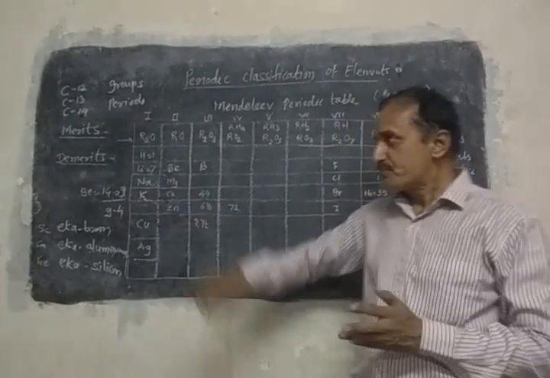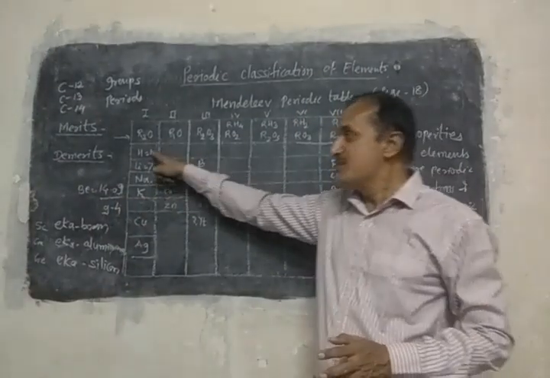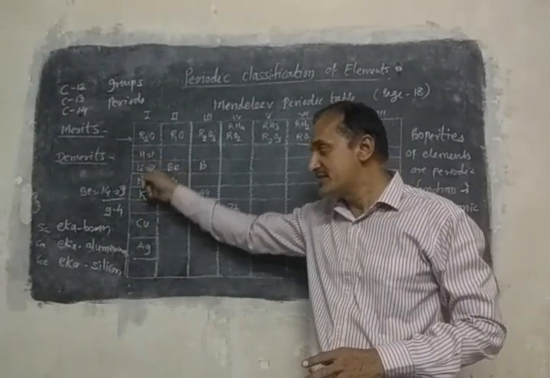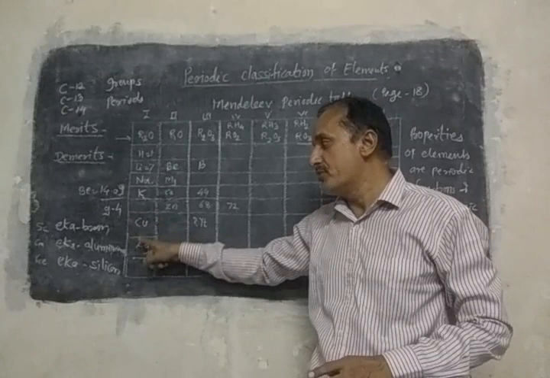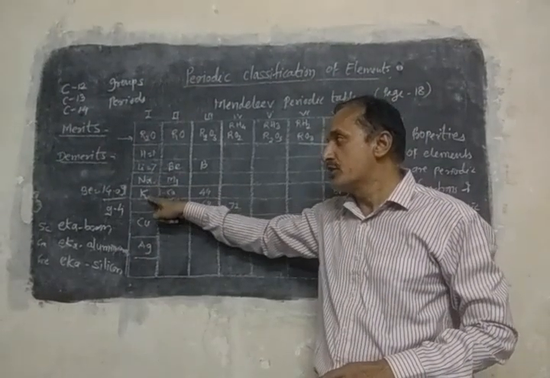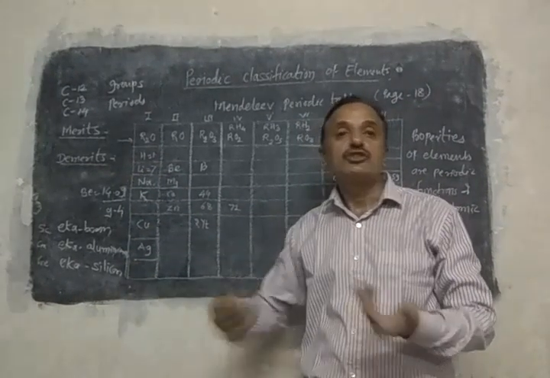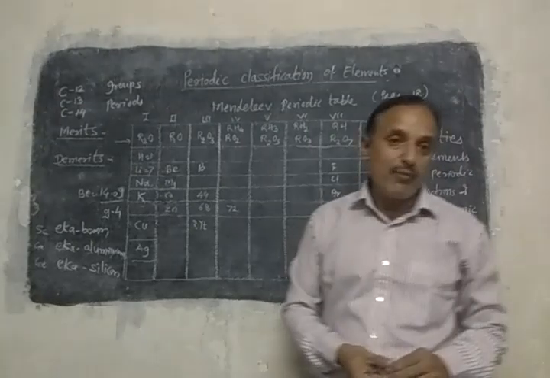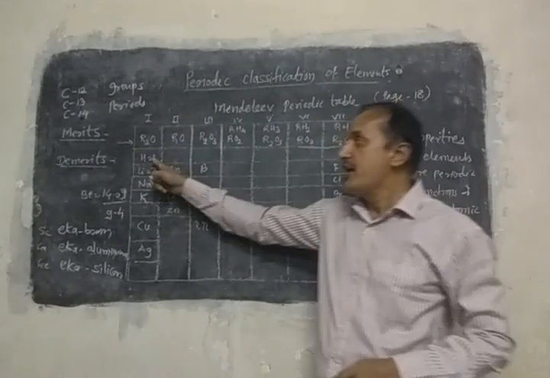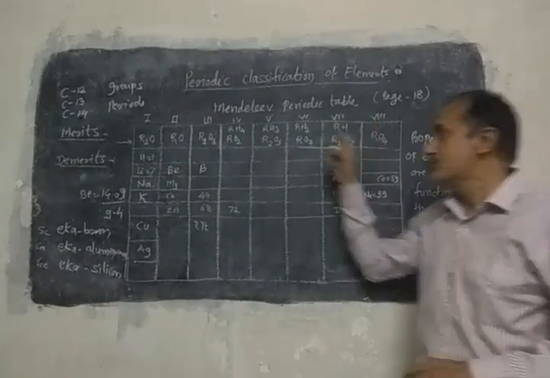See again, first the demerits we have seen: elements with different properties are kept in the same group. I told you about copper, silver, gold, they are less reactive, while lithium, sodium, potassium are more reactive. But these are kept in the same group. So that was the first drawback or anomaly in that table. Secondly, we said that hydrogen could not get a fixed place, whether in group number 1 or group number 7.